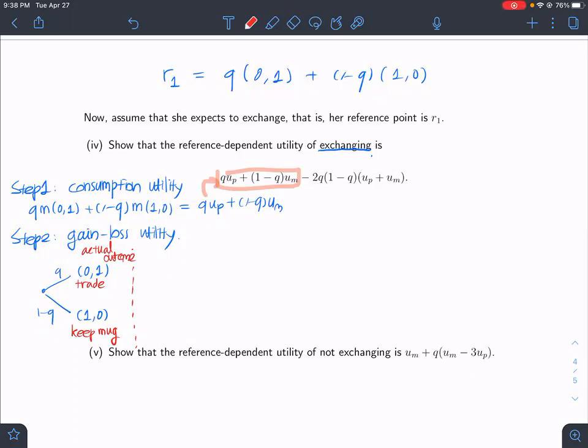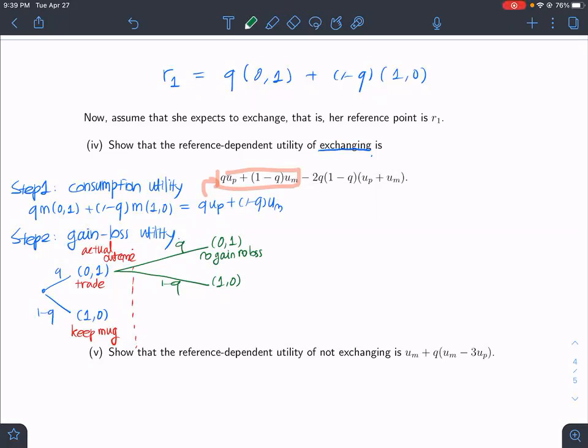Now we compare this with what is happening in your mind. How much you are satisfied or dissatisfied. So I was hoping in my mind with probability Q, I will be getting a pen. So no gain, no loss. The 0, 1 outcome that I get is the same as my expectation. However, by 1 minus Q, I was hoping to keep my mug.